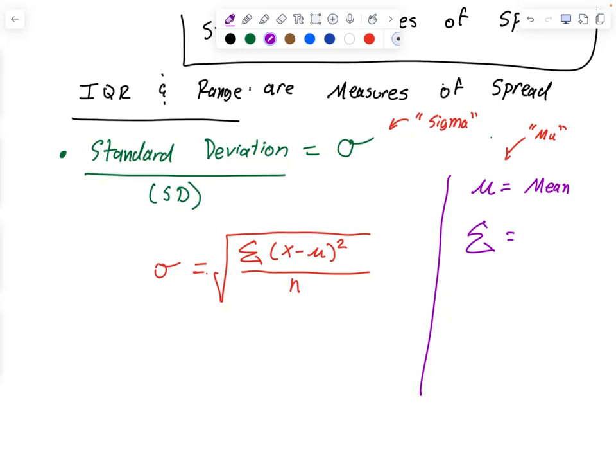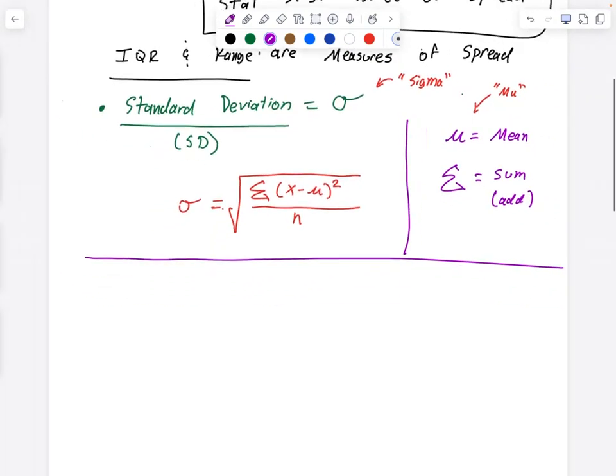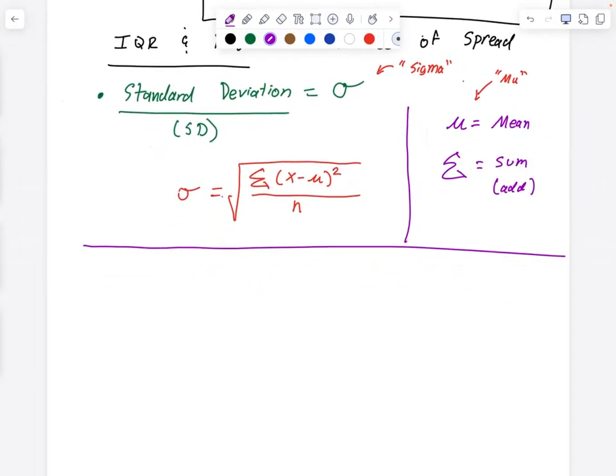All right, so we're now going to break it down step by step. Steps to finding standard deviation. Step 0.